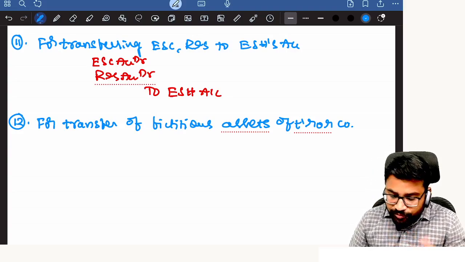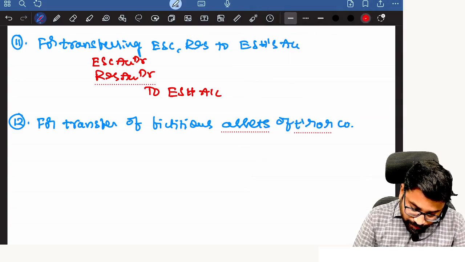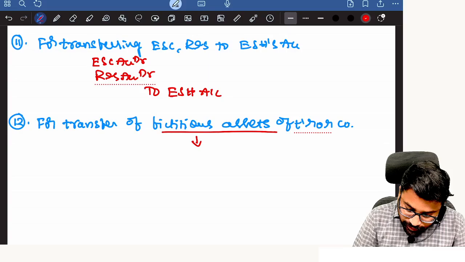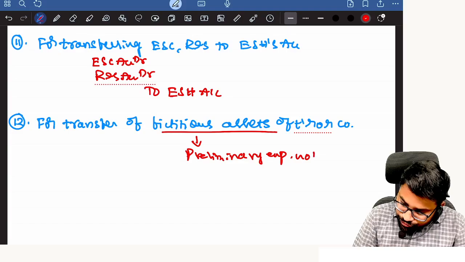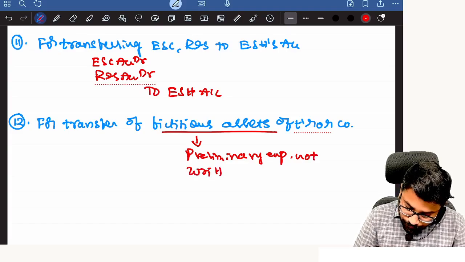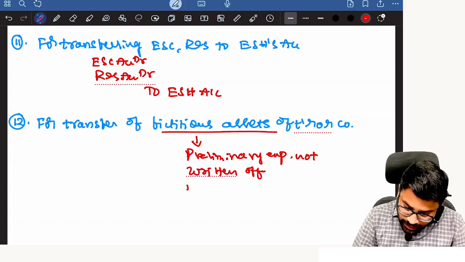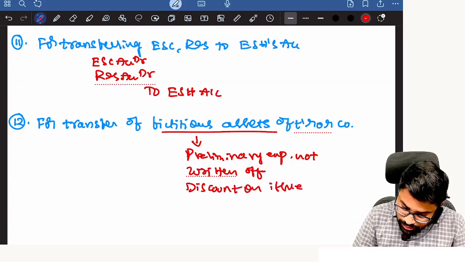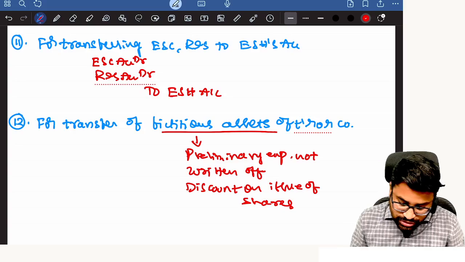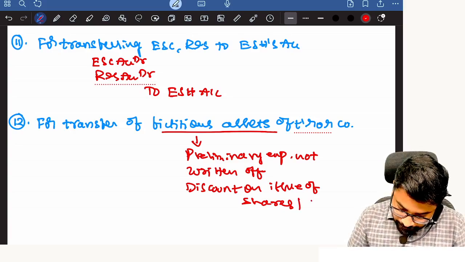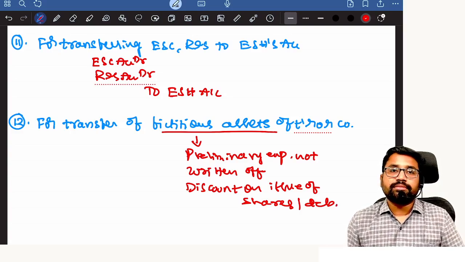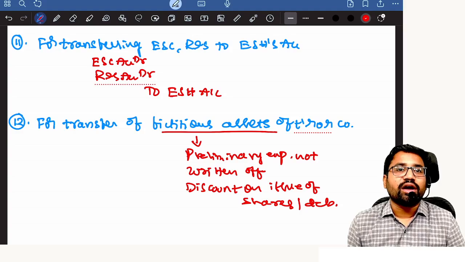Fictitious assets may be in the form of preliminary expenses not written off, discount on issue of debentures or shares, whatever, because issuing shares at a discount is prohibited. But if at all they are given in the question, we have to adjust.